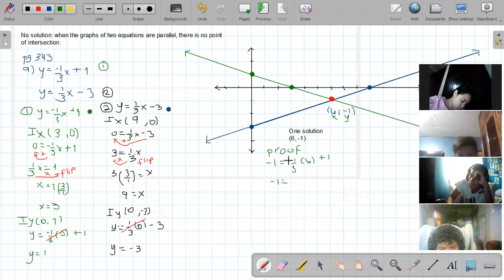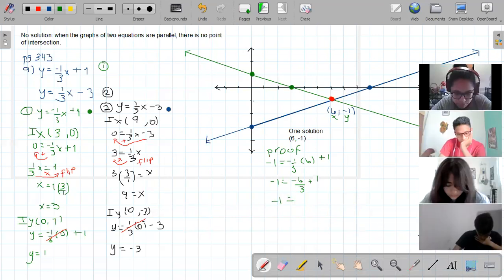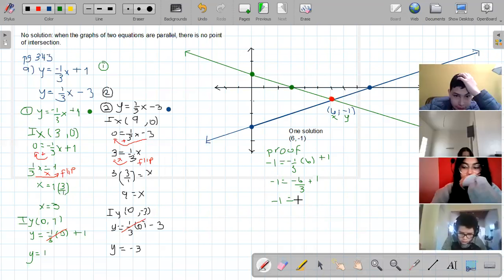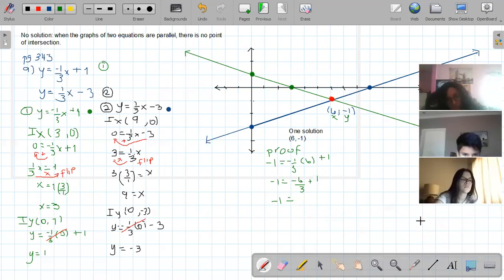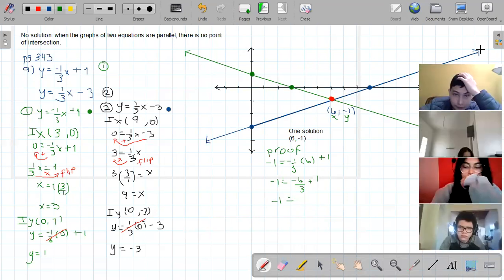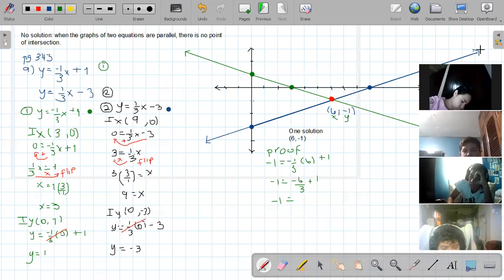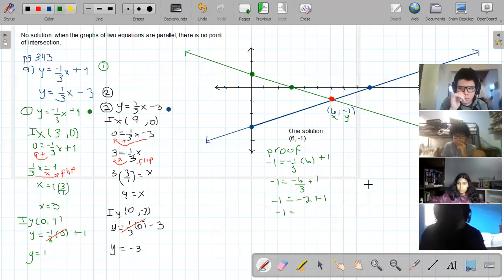Now we solve this. -1 times 6, that's -6 over 3 plus 1. -6 over 3 can be simplified to what number? -3? Nope. -6 divided by 3 is how much? -2. -2 plus 1. We can still simplify on the right. So -1 is equal to -2 plus 1.